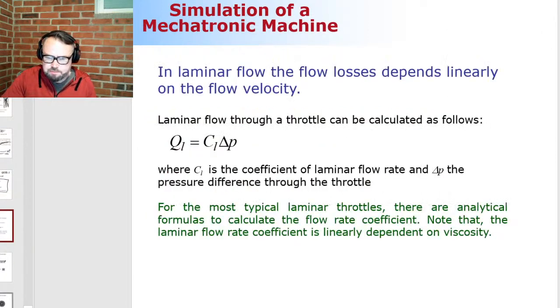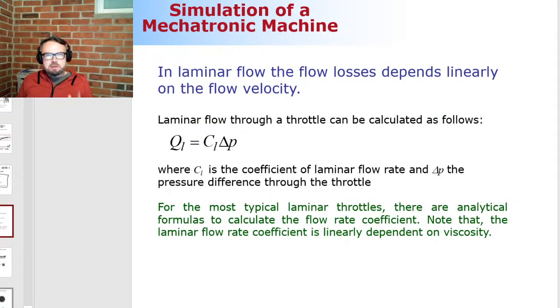I will continue. This is what I mentioned in my introduction. How is the relation between the flow rate and the pressure difference? In laminar flow, as mentioned earlier, it is a linear relation, where there's a coefficient which you can get from the pre-calculated tables.